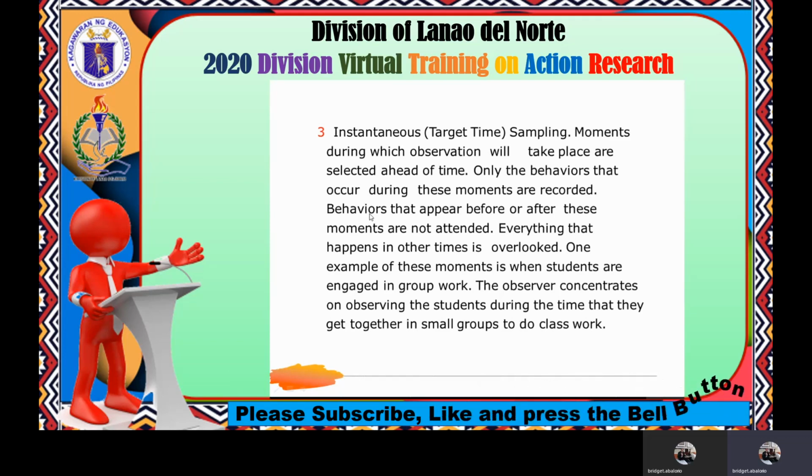So like for example, kanang magklase, yan na. Pero pag wala pa ang klase o after klase, dili siya pwede. Everything that happens in other times is overlooked.